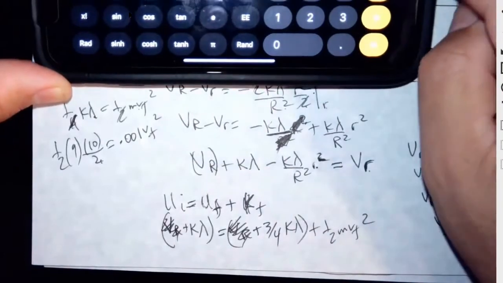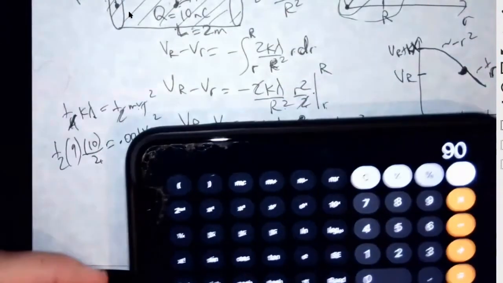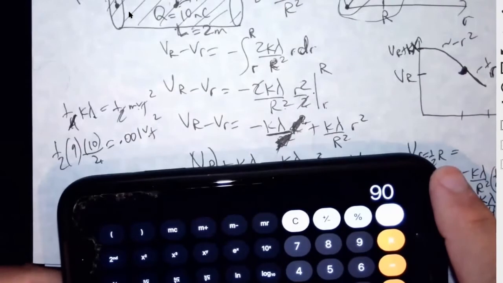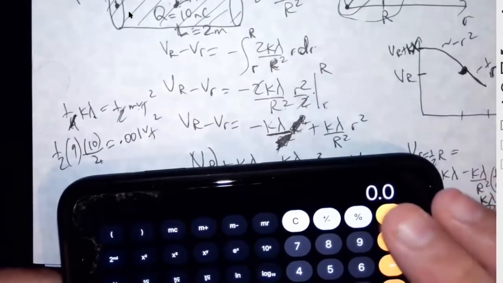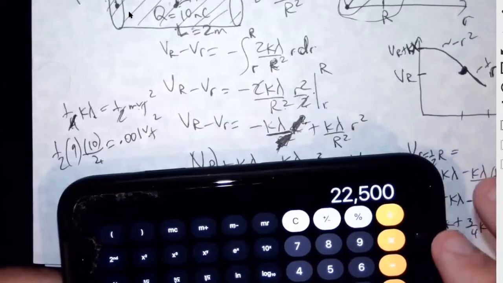Divided by 4, divided by 0.001, square root.